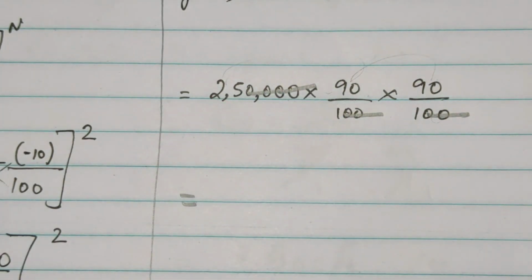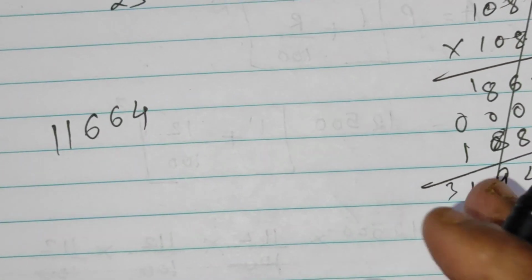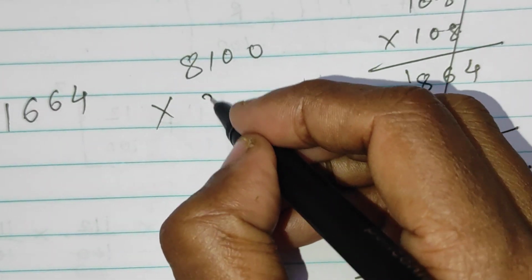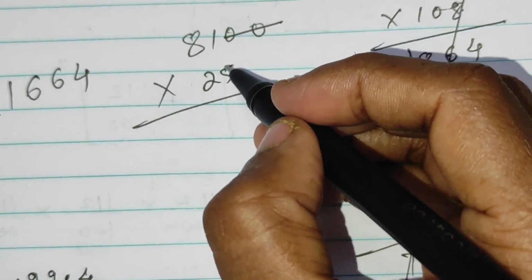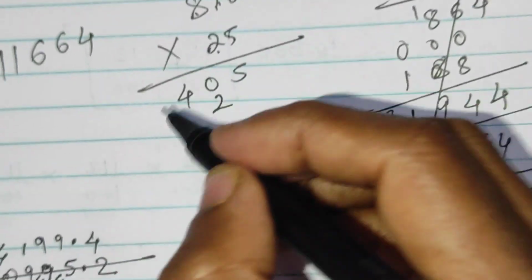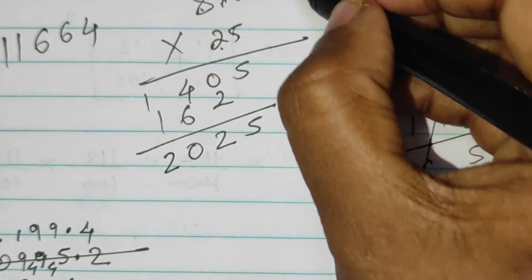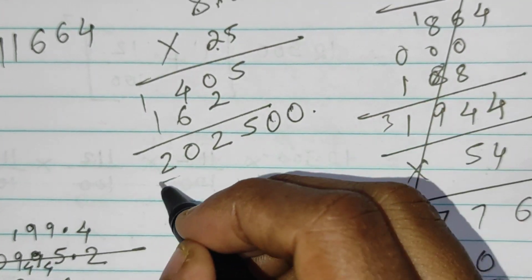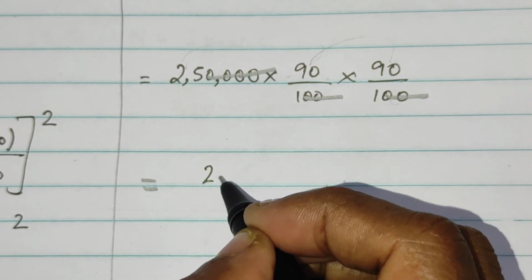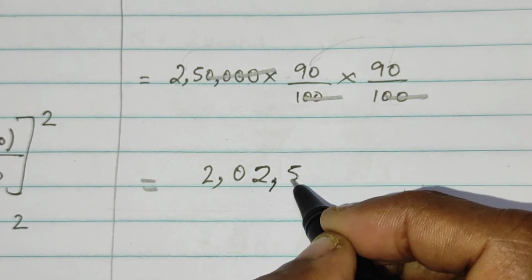So after multiplication, 9 9s are 81, so that means here you have 8100 into 25. This 0 we will take afterward. 5 ones are 5, 5 8s are 40, 2 ones are 2, 2 8s are 16. So 5, 2... 10, 1 carry 2, and these 2 zeros. So we got 2,02,500.